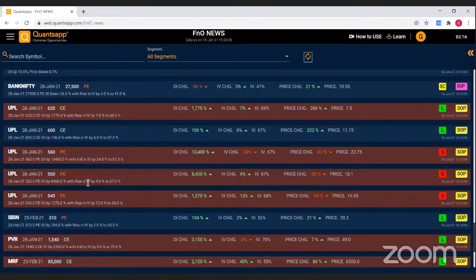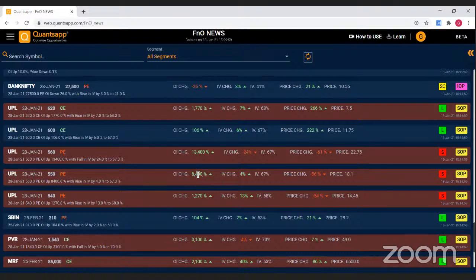So if we have noticed here, for a normal human being we can't see the whole changes that are going on in the FNO segment, but here I can see that UPL today I had the knowledge कि okay वो शायद टॉप गेनर्स में था, बट मुझे ये नहीं पता था. If I say in the put side, you can see the quantum of OI increase for the 560 put option nearly 13,500 and 550 के put option में nearly 8,500.